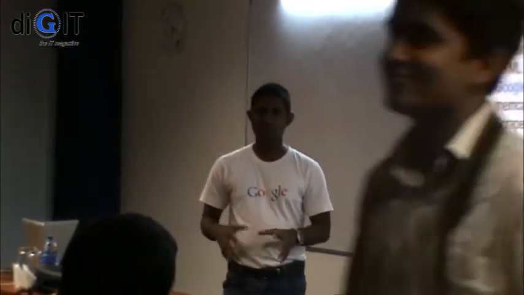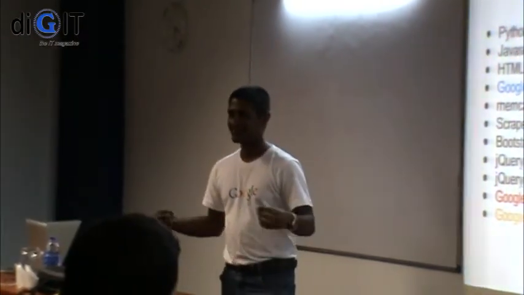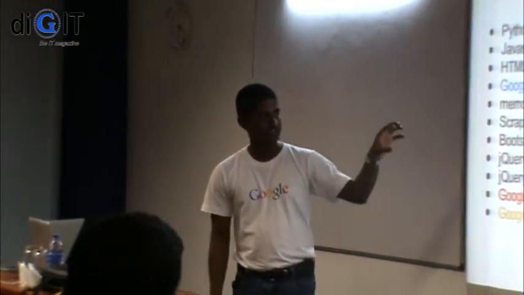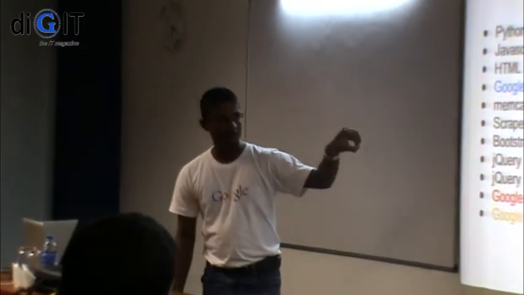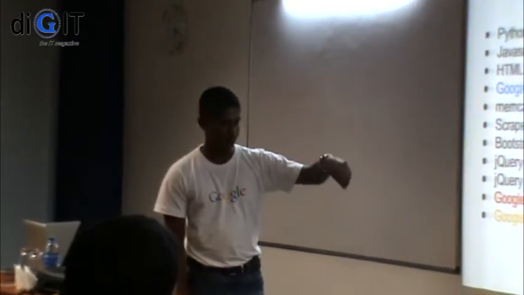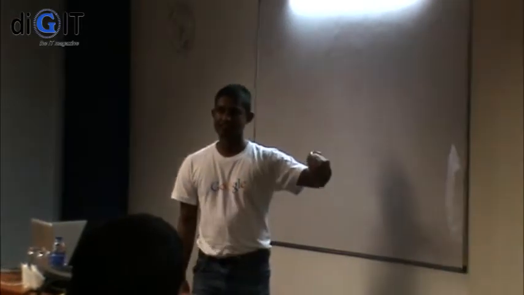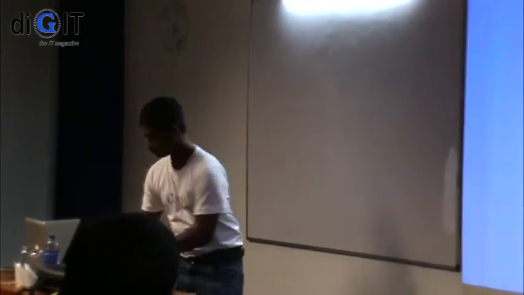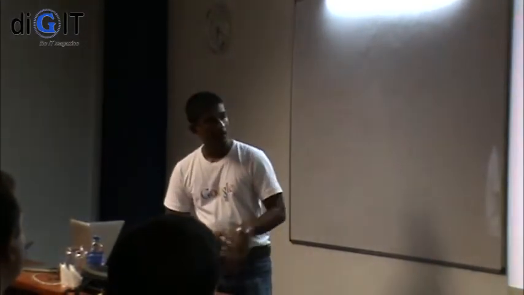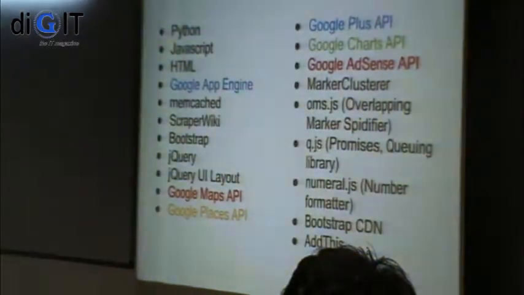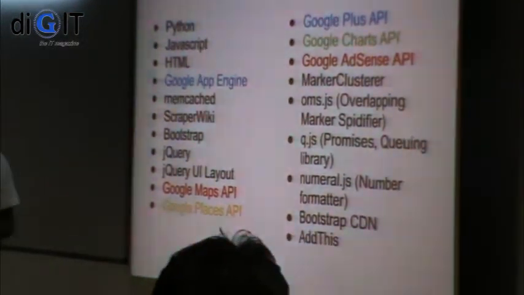People don't always put their exact address in all their listings. So what happens is you have to cluster all these place markers. So marker cluster is a library that is used to cluster all these markers on Google Maps together.